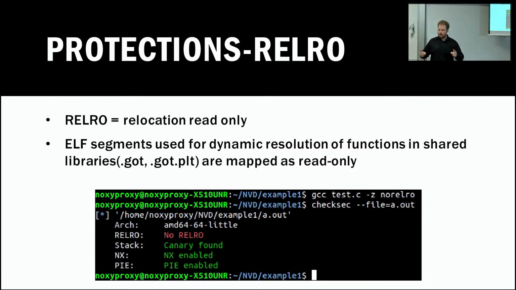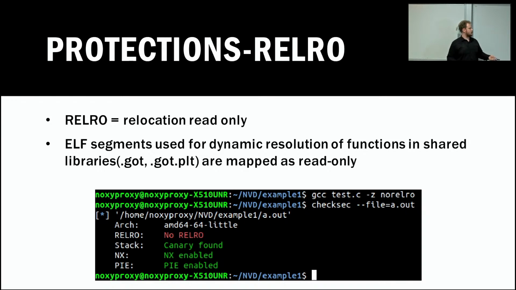We'll be looking at relocation tables a few slides later, but basically they're used to map out functions from the shared objects into the ELF. So whenever your program tries to call printf or some other function that is not part of your program, there is some process that resolves the address to that function, and then it stores it basically as a cache.